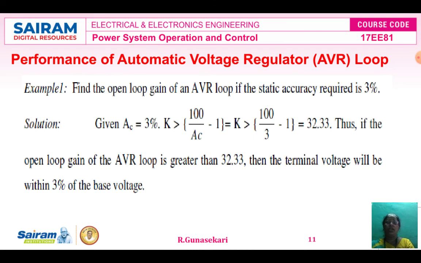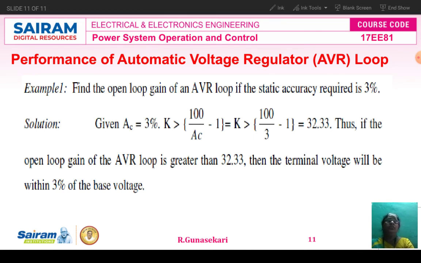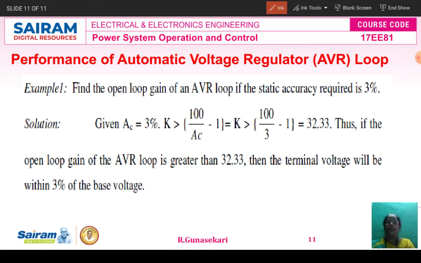So this is the final formula. Now I give one example so you can easily understand the performance of an automatic voltage regulator loop. Here the static accuracy is 3%. Static accuracy is represented by AC, so AC equals 3%. What is the formula? K is greater than 100 divided by AC minus 1.